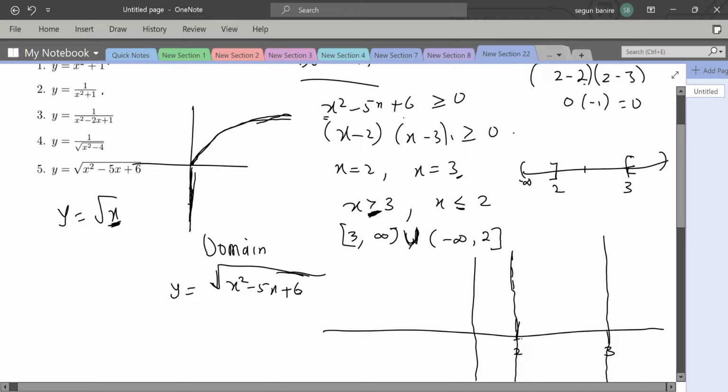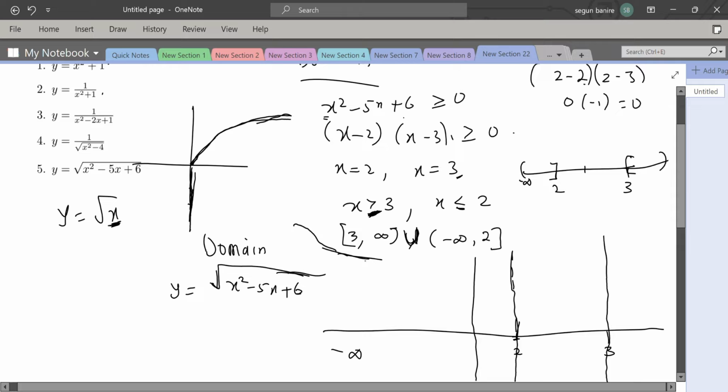Then for this one, you can approach 2 from the left. We said negative infinity to 2. So from all this negative infinity to 2, how does it behave? You can see that as you are far away from 2, like all this negative infinity, your function will be very large.